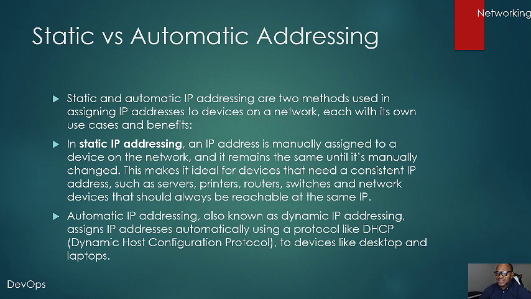In static IP addressing, an IP address is manually assigned to a device on the network, and it remains the same until it is manually changed, which makes it ideal for devices that need a consistent IP address, such as servers, printers, routers, switches, and network devices that should always be reachable at the same IP address. And we have several examples of that in several technologies out there today.